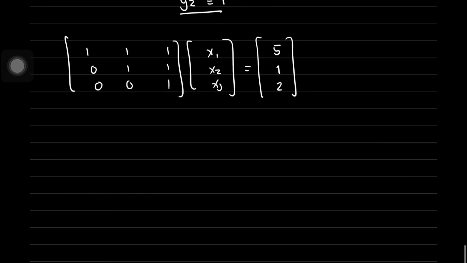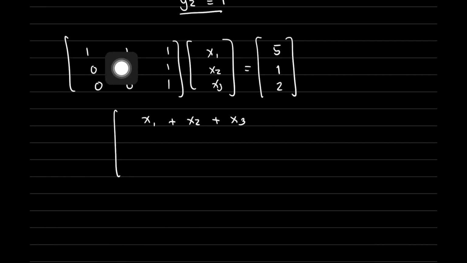Right? So by repeating the process, we now have x1. If we multiply this row with the column, we have x1 plus x2 plus x3. And then multiplying the second row with the column of the second matrix, we have x2 plus x3, because 0 times x1 is equal to 0.